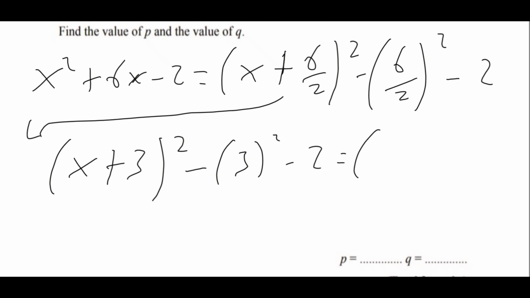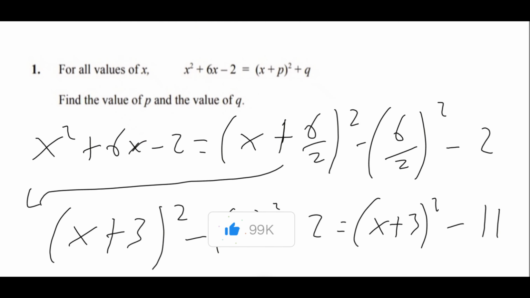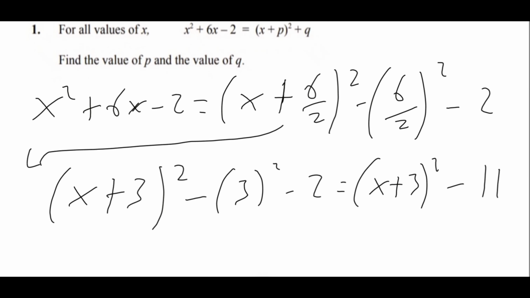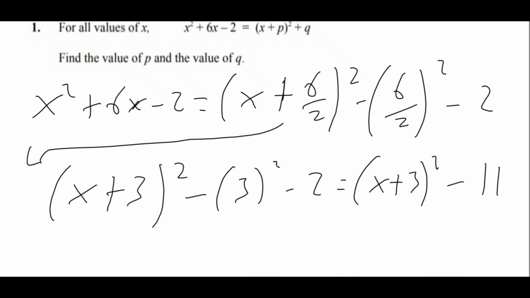And if we simplify this, we'll have (x + 3)² − 9 − 2, which is −11. And that is the final form of the completed square. Here you can see p is equal to 3 and q is equal to −11. And don't forget the negative sign.